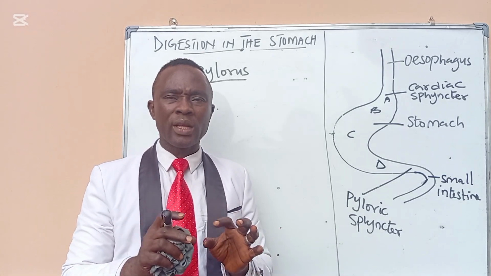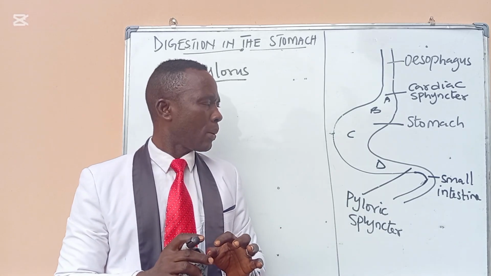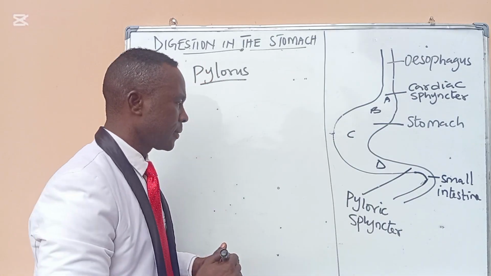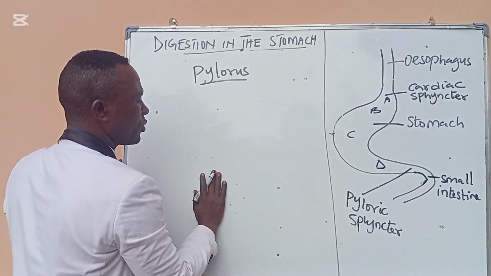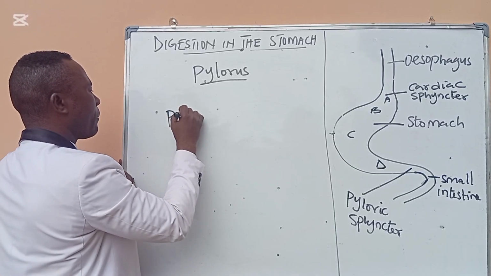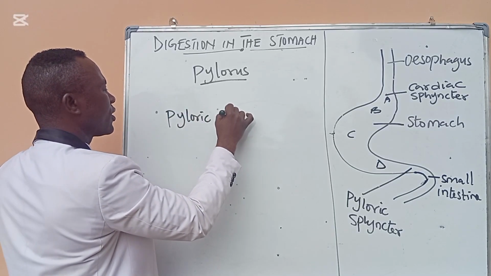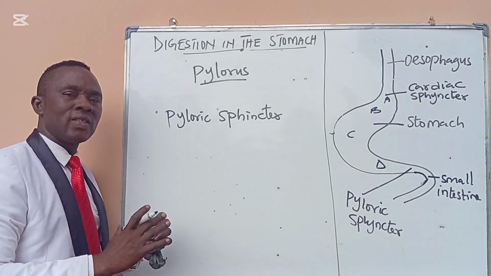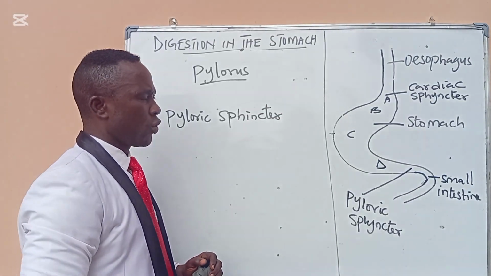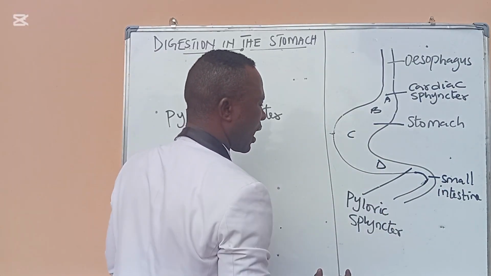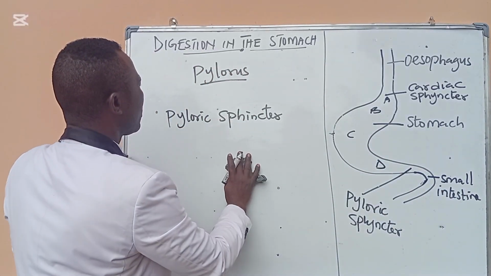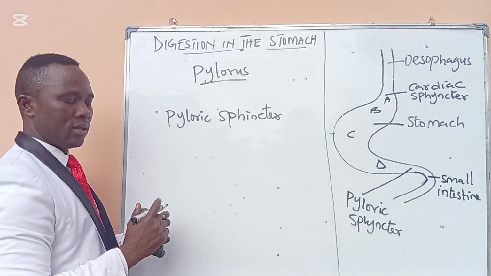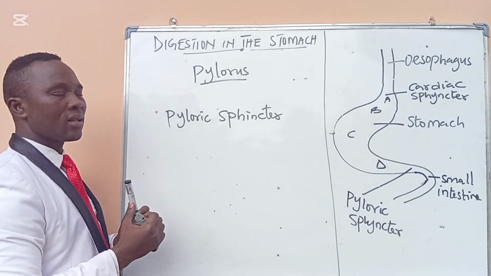The part of the pylorus that connects stomach to the duodenum is called pyloric sphincter. The pyloric sphincter is a gatekeeper between the stomach and the small intestine. This pyloric sphincter is muscular and it is narrow.